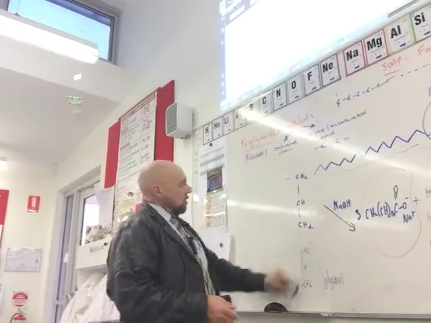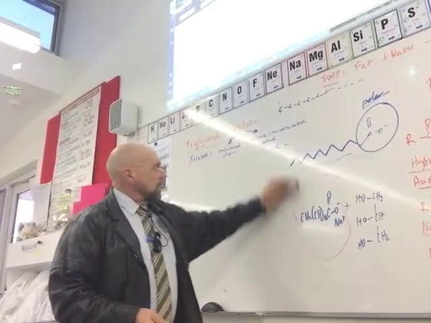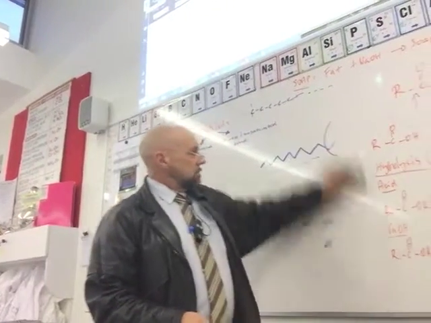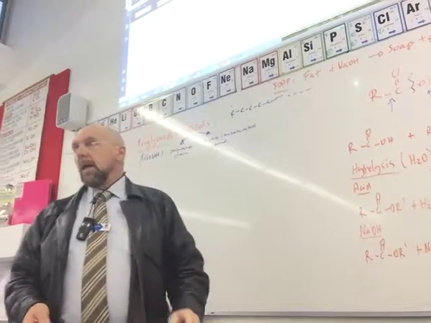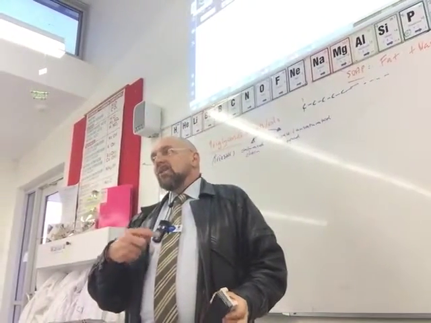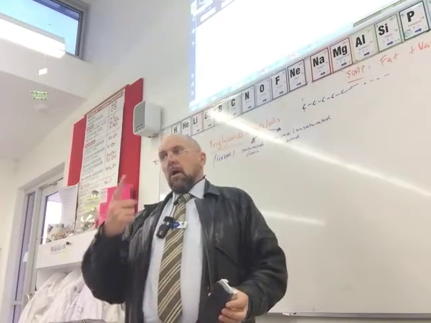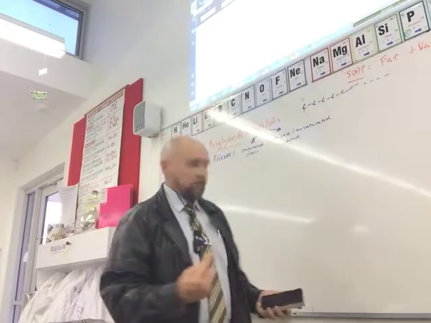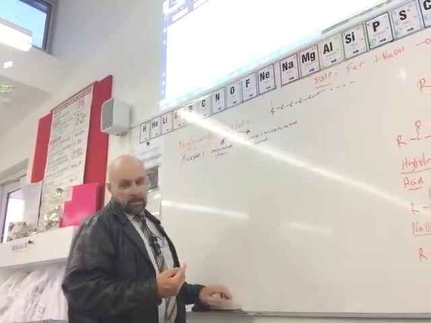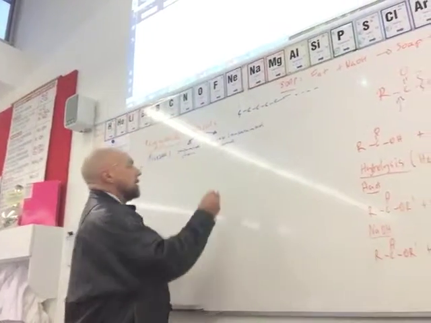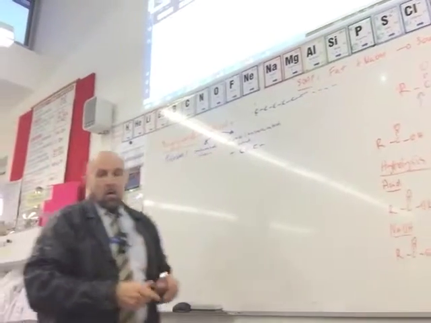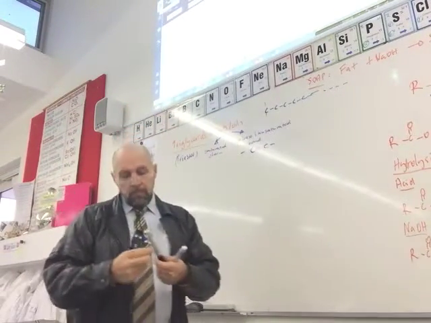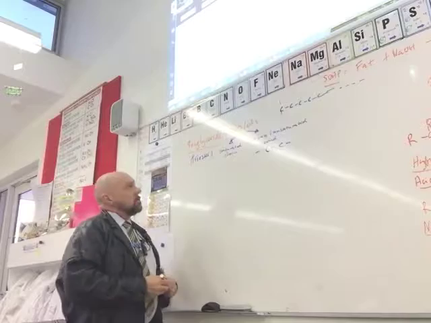What we want to do now is look at some of the reactions of the triglycerides and how we can actually change a liquid into a solid. Now, fats and oils.